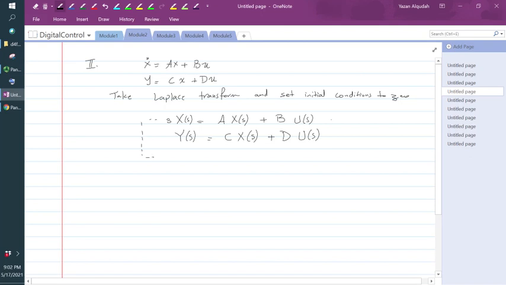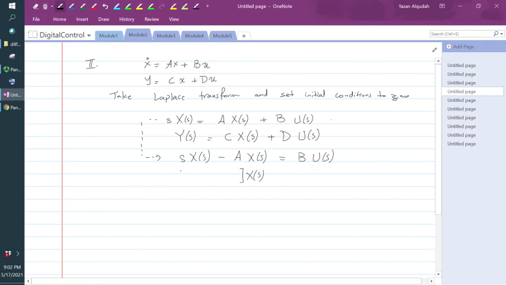So this equation, I can write it as S multiplied by x minus A multiplied by x of s equal to b multiplied by u of s. Now remember, A is a matrix, so therefore I can take x of s as a common factor, and I can write it as the following.